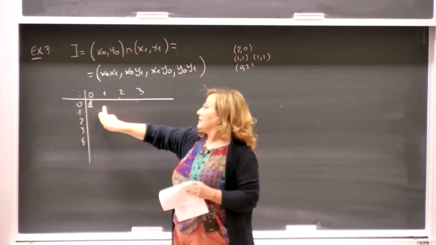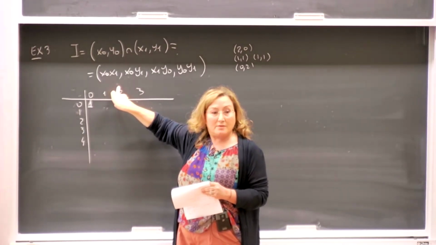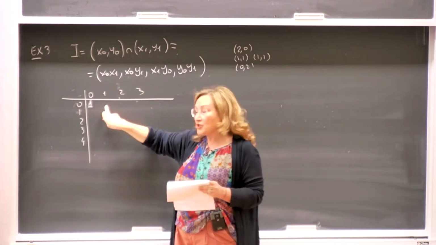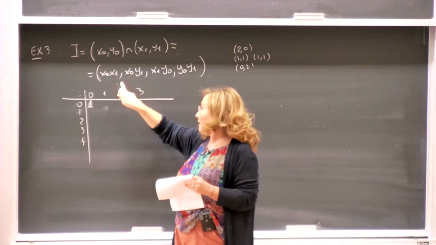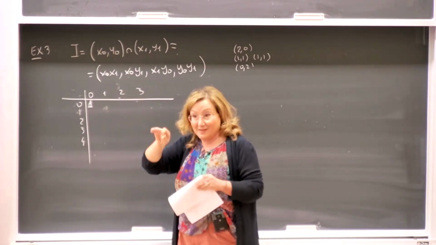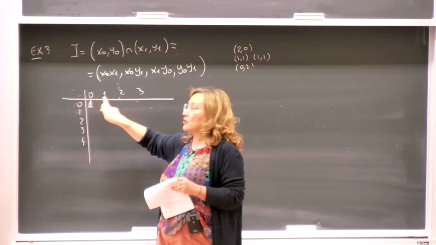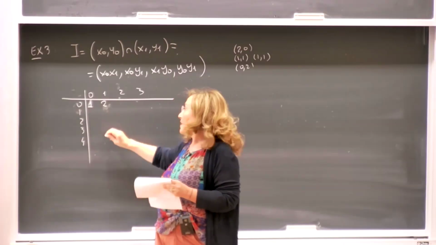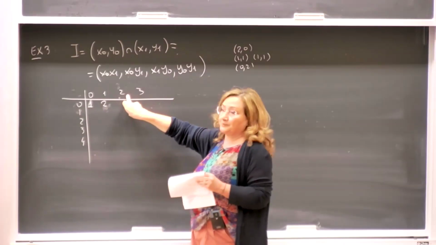So do we have any generators in the ideal of degree 0, 1? No. So which is the answer here? 2. It has 0 generators, but the Hilbert function as a module, okay? So it's the number of monomials in degree 0, 1, that is 2, minus 0, so it's still 2, okay? Do we have generators in degree 0, 2?